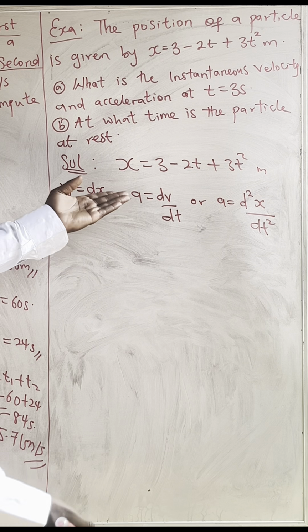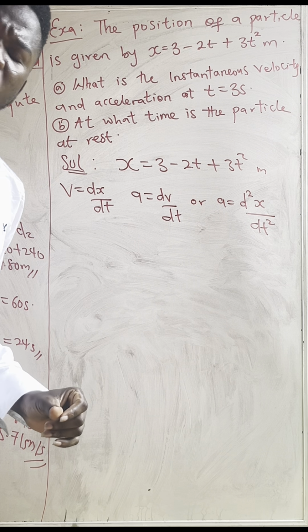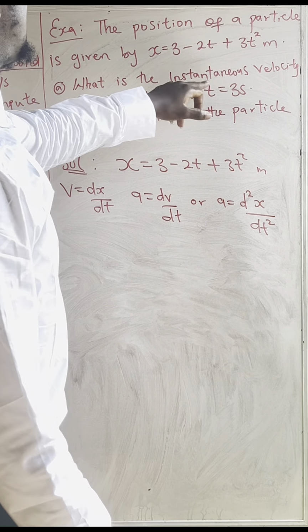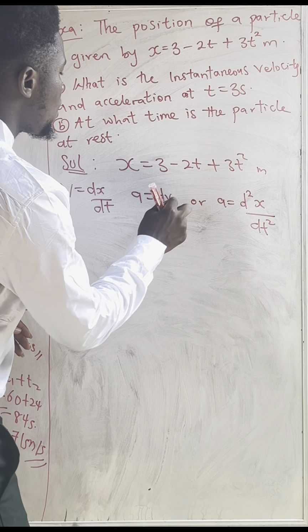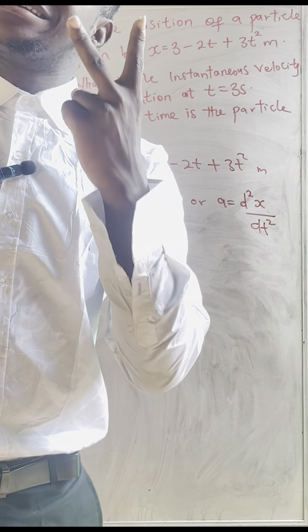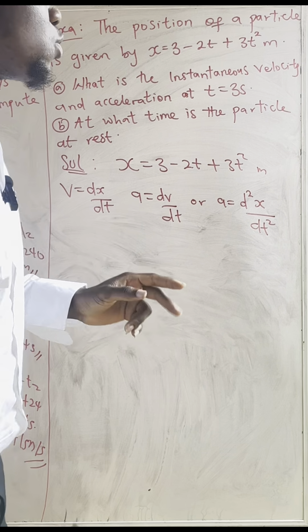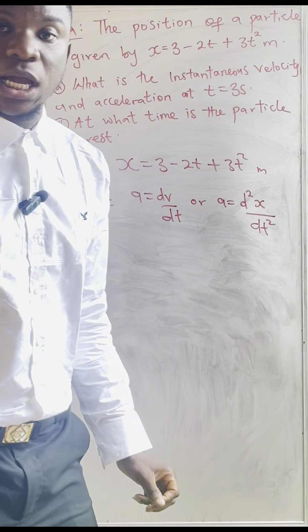So therefore, guys, if I want to do my instantaneous velocity, I will just use this formula. But if I want to do my instantaneous acceleration, I'm supposed to do dv over dt. But I have two formulas for instantaneous acceleration. The first one is dv over dt, while the second one is d squared x over dt squared.